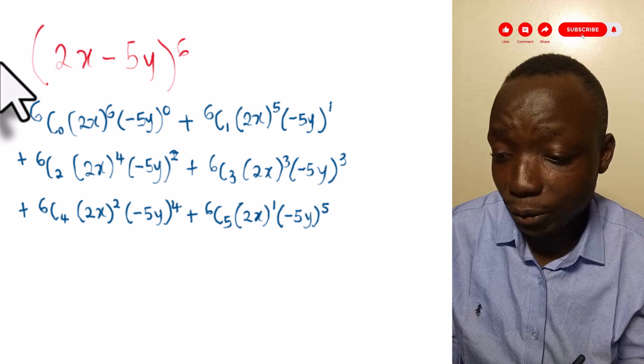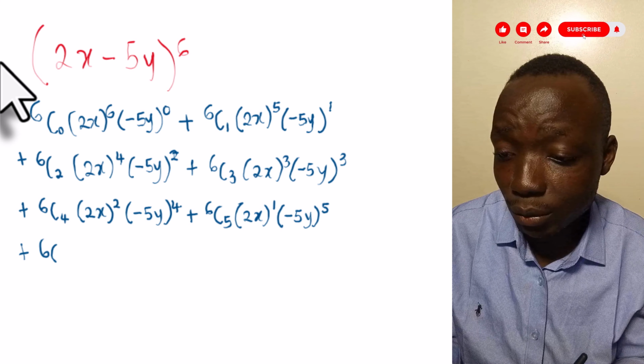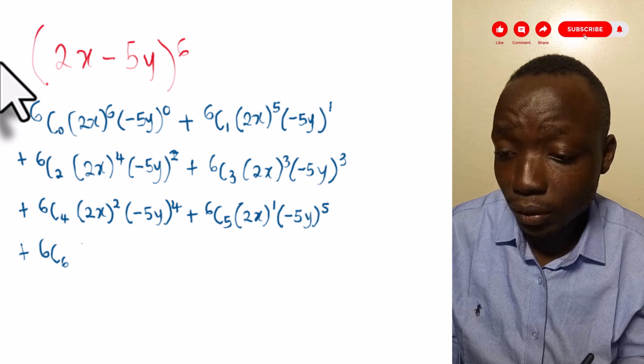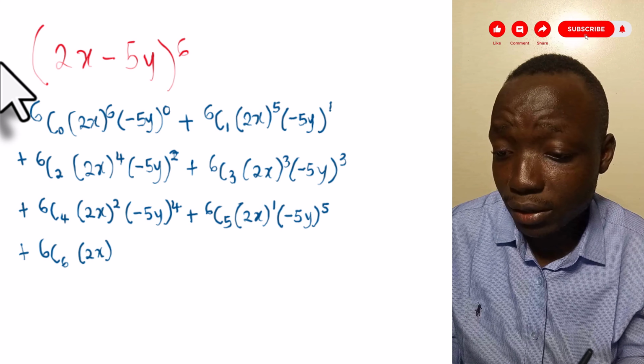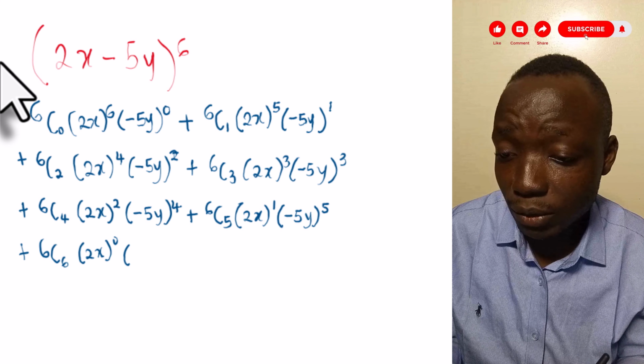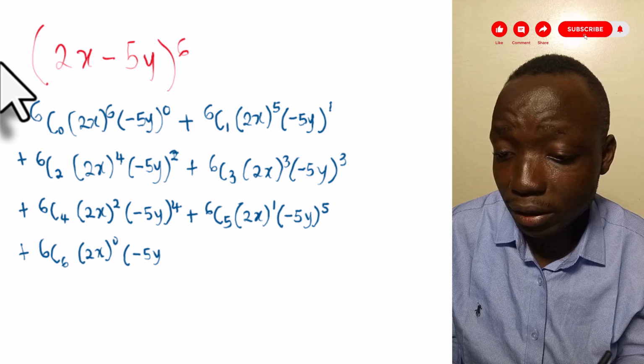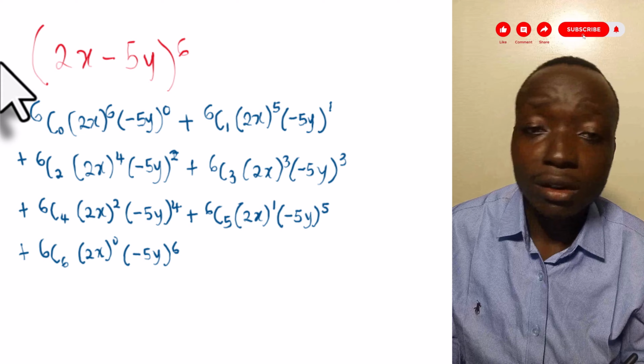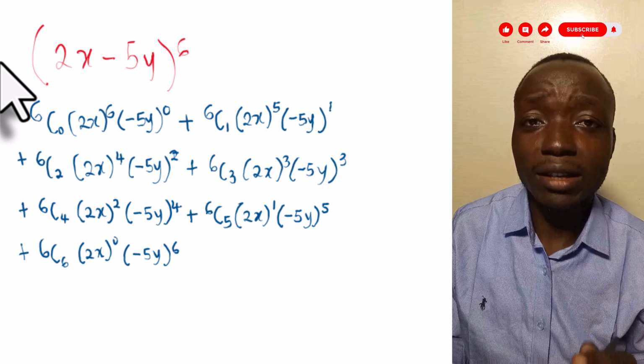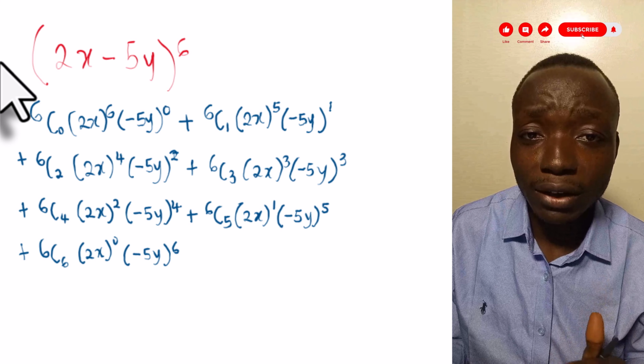And then finally, we have plus 6 combination 6, 2x raised to power 0 times minus 5y raised to power 6. Now, this is the entire setup we need to get our answer.